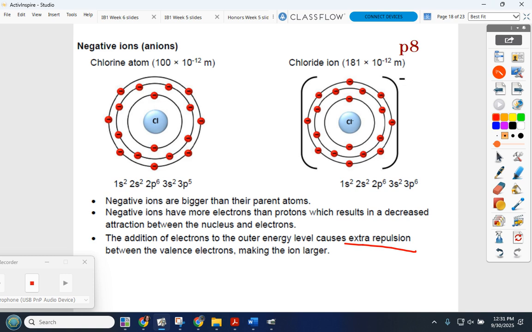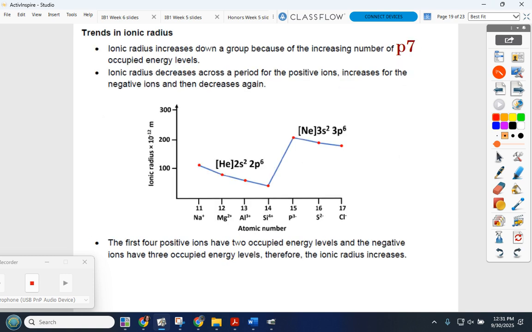So when we then look at it as a trend going across the table, which is now we're back on page 7, we kind of have two things going on. We have the decrease that we see when we go across the table in the atomic radius. We also have that in the ionic radius.